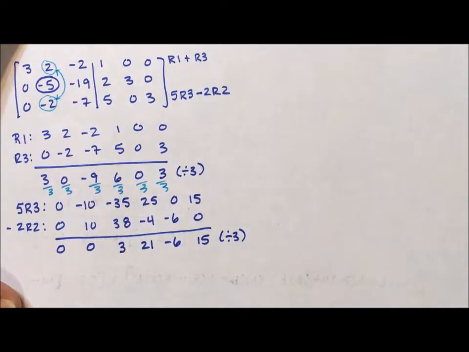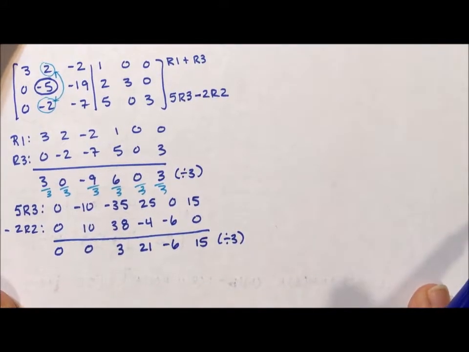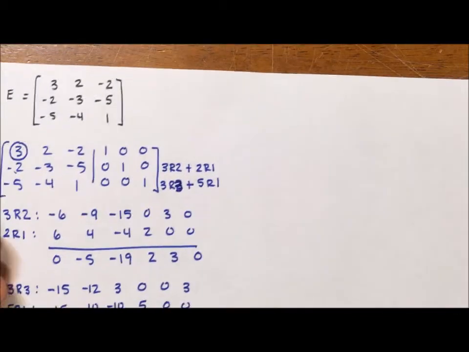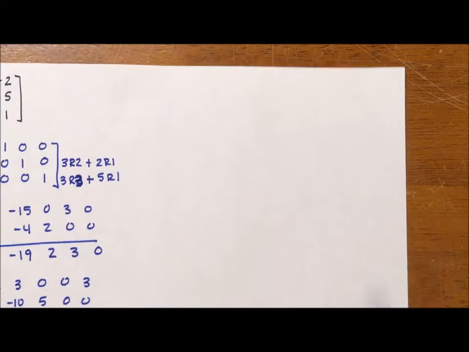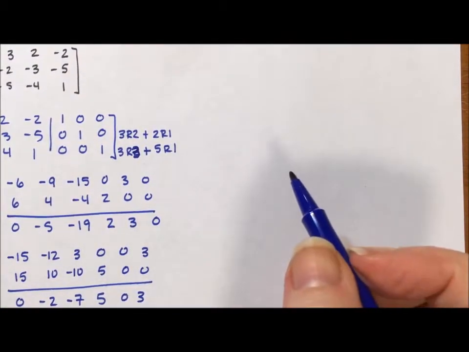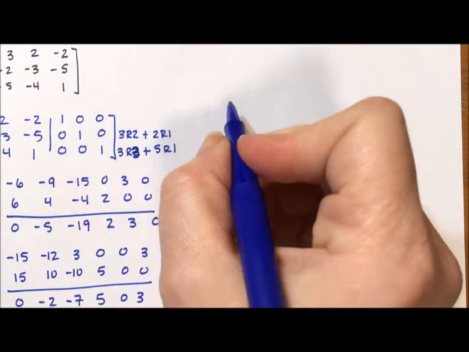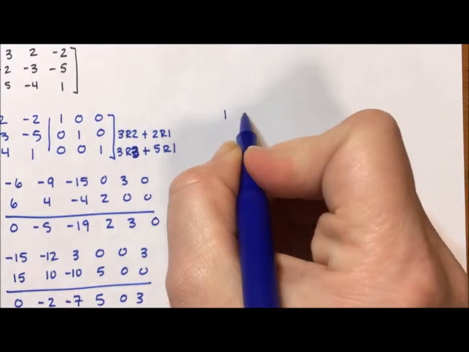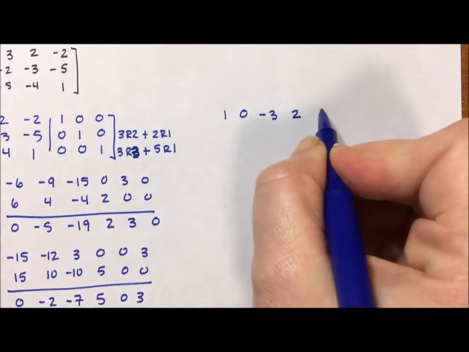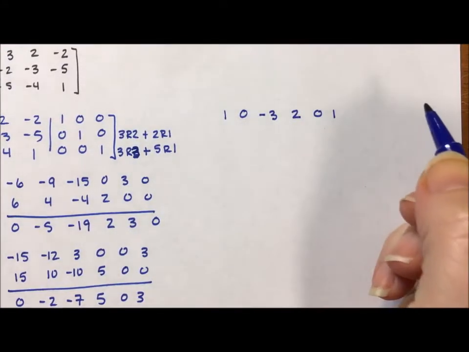Okay, I'm going to actually rewrite this up because I'm running out of paper space all the way up here. So you're going to have to trust me that I'm not going to cheat and write new numbers. So let's see, the first row is going to become 1, 0, negative 3, 2, 0, 1, after I divided by 3.